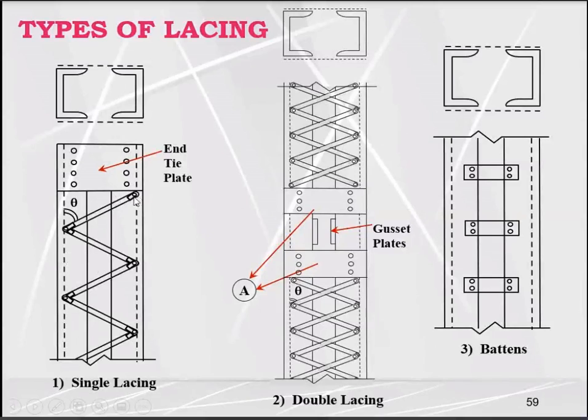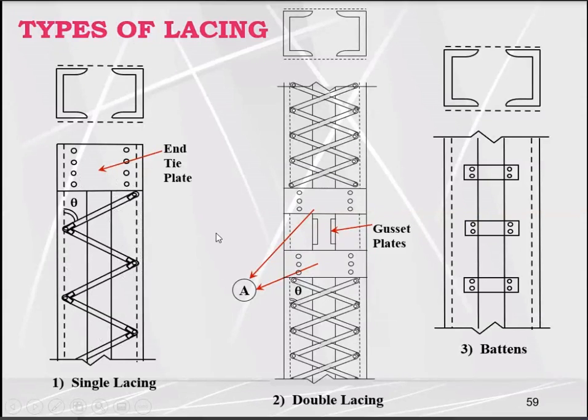The slenderness ratio of the single section between unconnected portions may be a value A. The A value for this section will be from the center of this fastener to the center of this fastener. So the slenderness ratio of the single section within this unbraced length should be less than the slenderness ratio of the overall section.